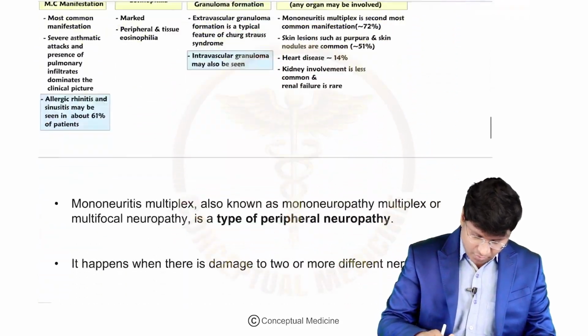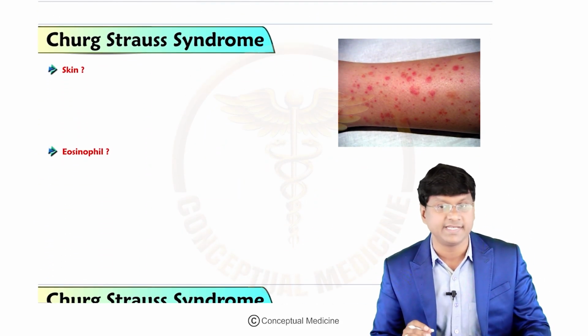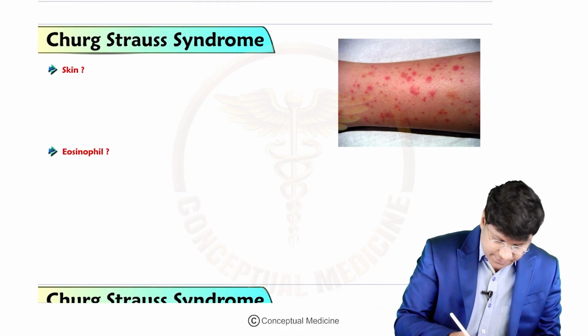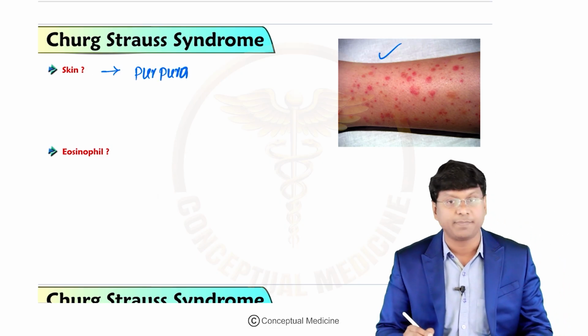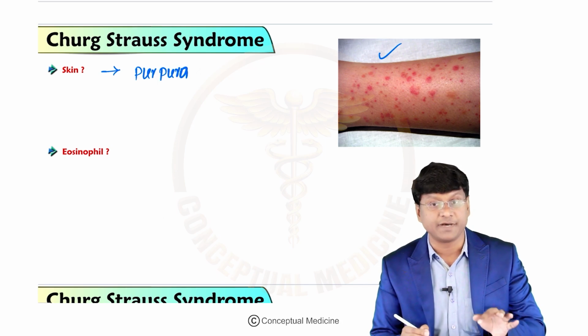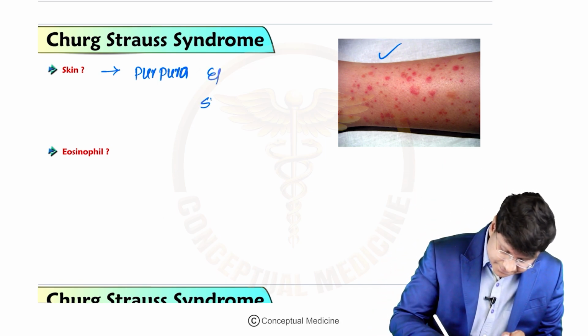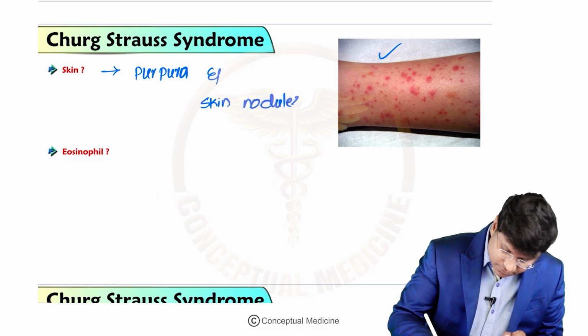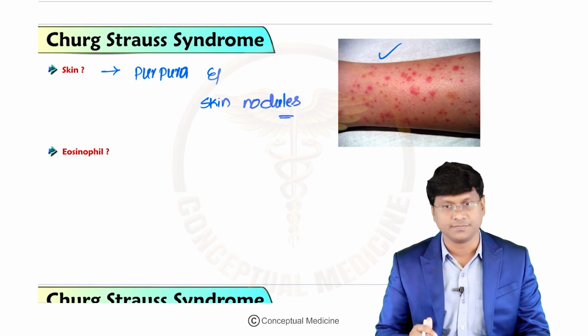Then, what are the other manifestations? There is involvement of the skin as well, with skin lesions in the form of purpura, and skin nodules, which are very common.